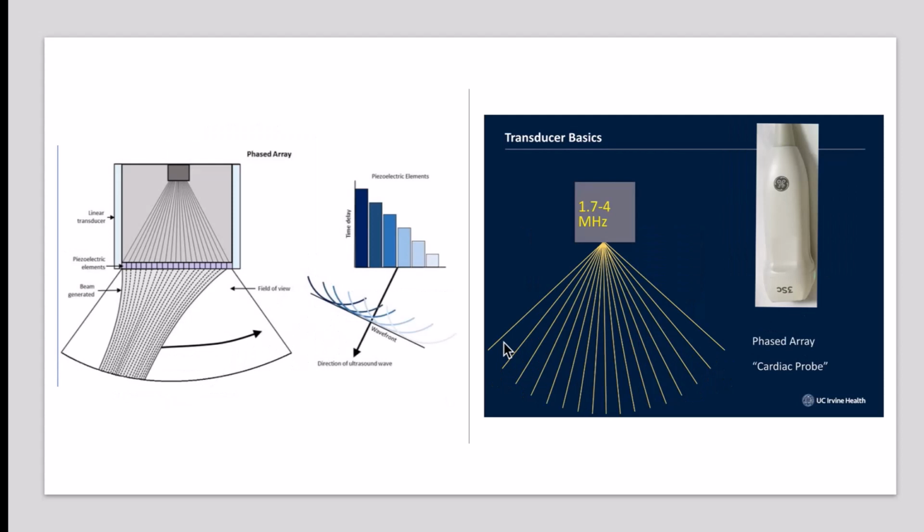Now let's look at a phased array probe. The phased array ultrasound probe is typically 2 to 3 centimeters long and consists of 64 to 128 elements. It is a smaller assembly than a sequential array and can be either linear or curvilinear.